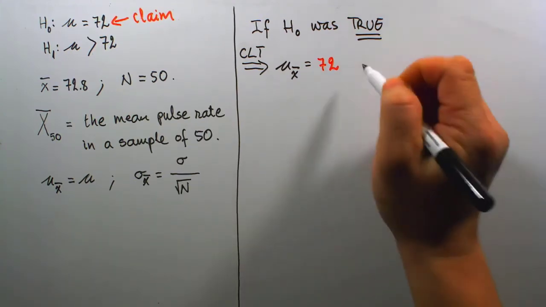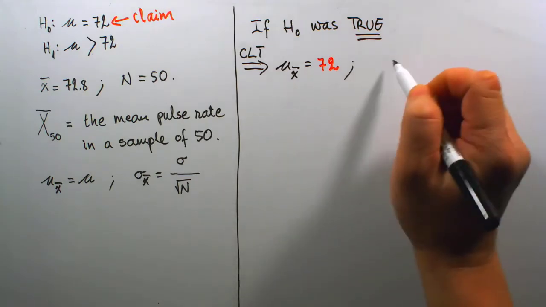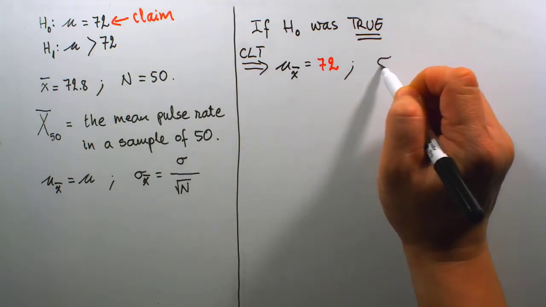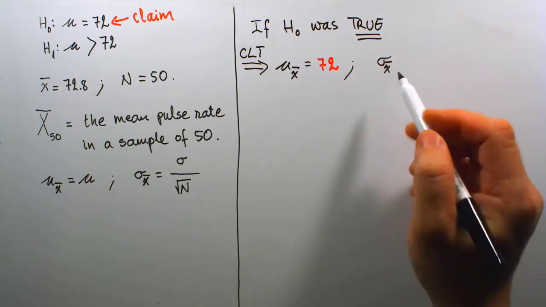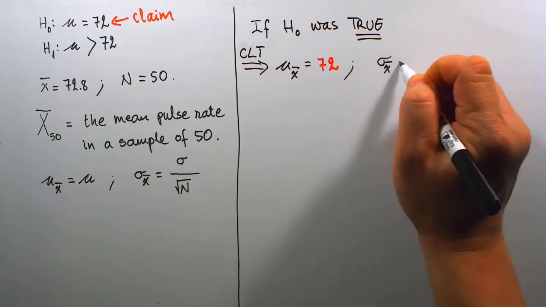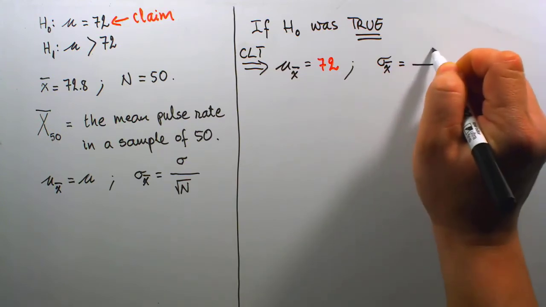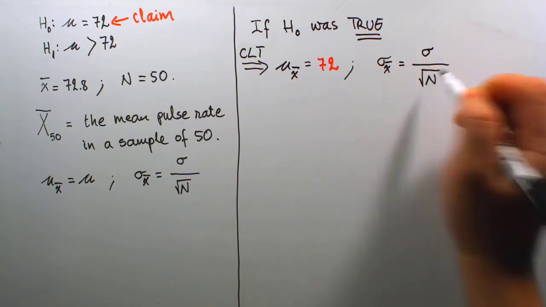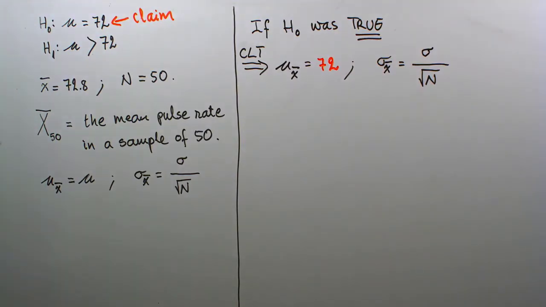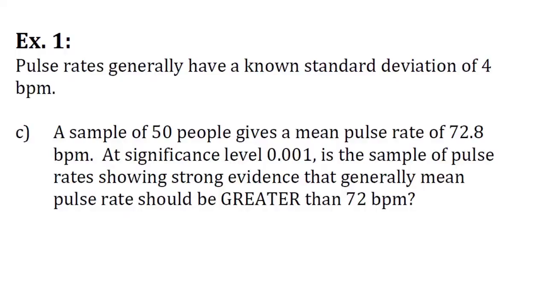And now, as a further consequence, sigma x bar, the average spread of all sample mean values, can be found by, again, sigma divided by square root of n. Let's have a look again at the wording of the problem. In the beginning description, which remains since part A of the example, pulse rates generally have a known standard deviation.